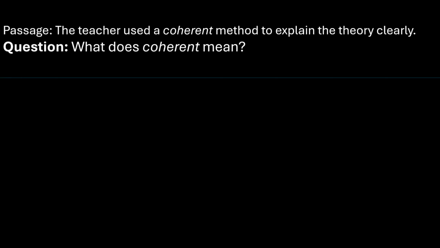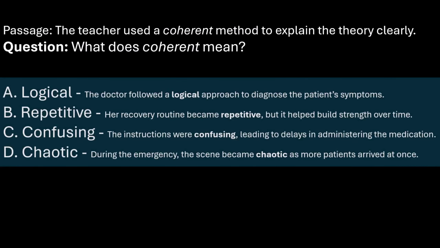So passage 6: the teacher used a coherent method to explain the theory clearly. What does coherent mean? The options are repetitive, logical, confusing, chaotic. Logical: the doctor followed a logical approach to diagnose the patient's symptoms.